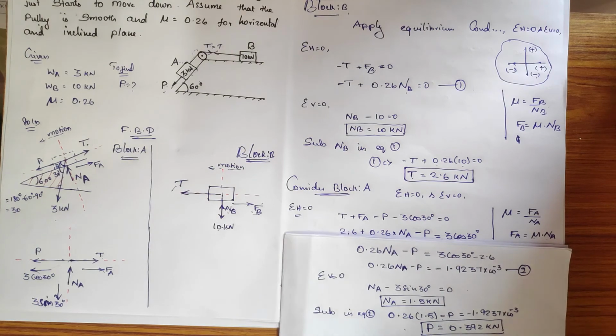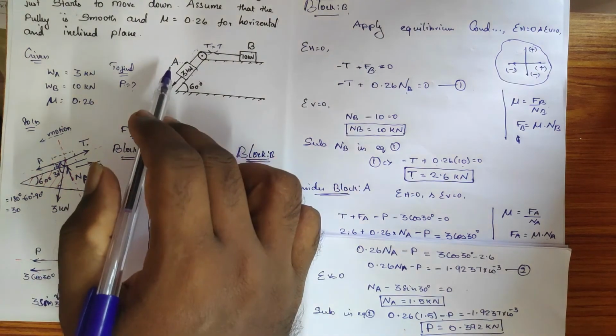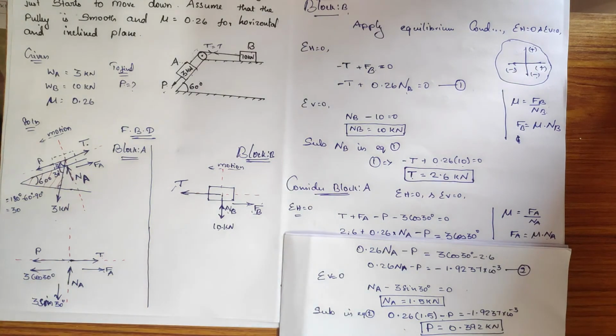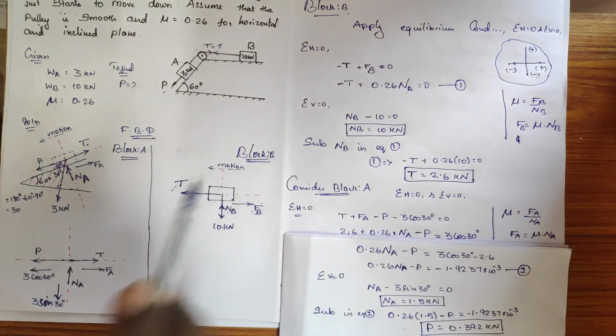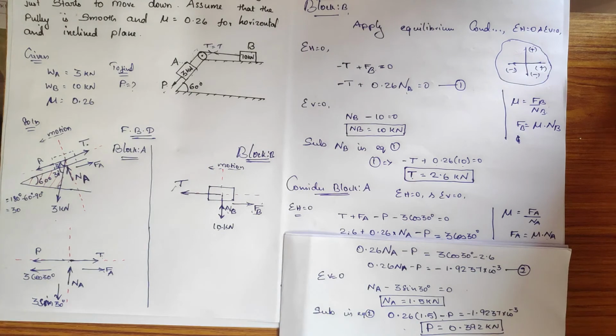When you are having two blocks, something like this, A and B, which are tied with the help of ropes, just keep it in your mind. Whenever you are having two blocks, just separate them and identify what the forces in the blocks are. Okay, and start analyzing the forces with the logic that the block having the minimum number of forces should be picked first in order to solve it.